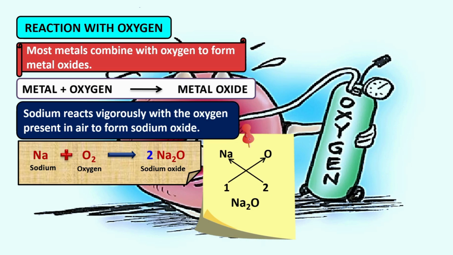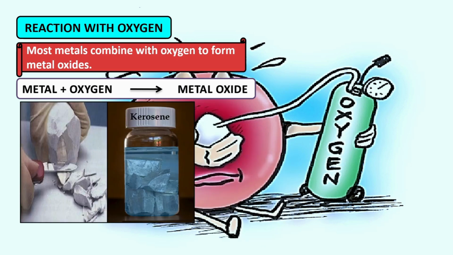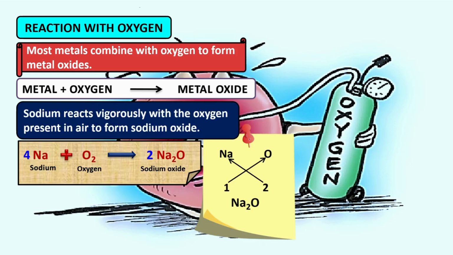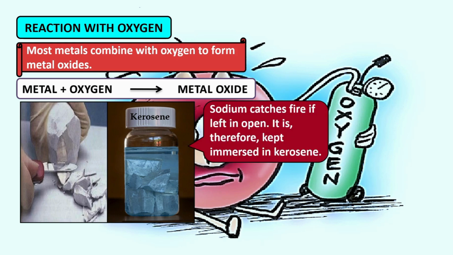Now to balance that, we need to put 2 before Na2O, and 4 before Na, that is sodium. Sodium catches fire if left in the open. It is therefore kept immersed in kerosene.